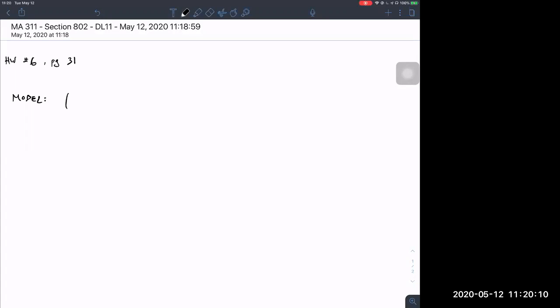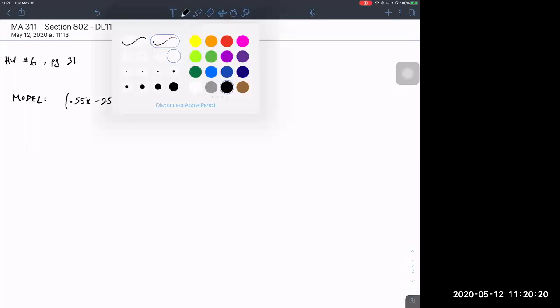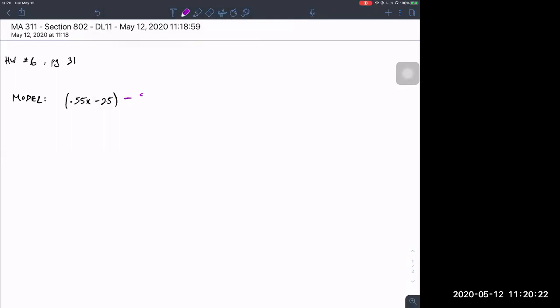It was the whole 0.55x minus 25, minus, I'll color code these so it stands out, minus 5,368.22, minus 297,688.82, and then I said what, 10%?